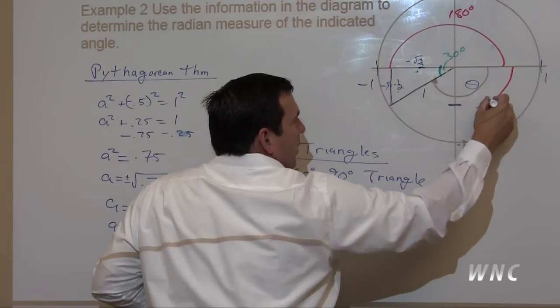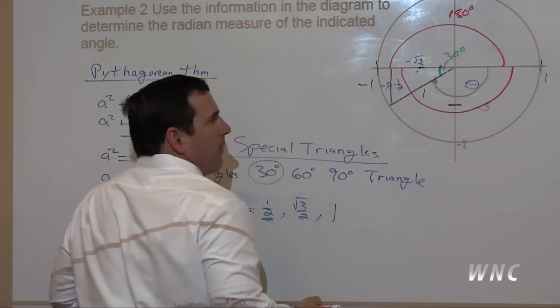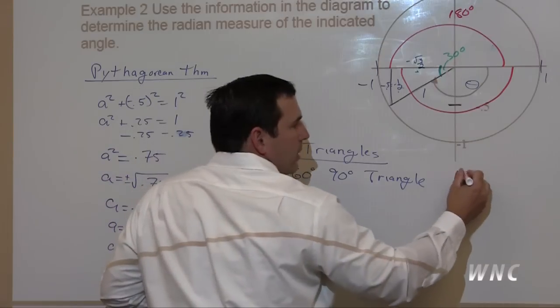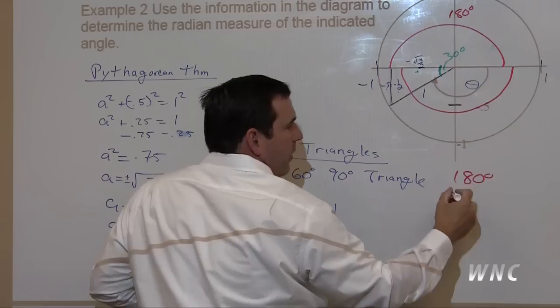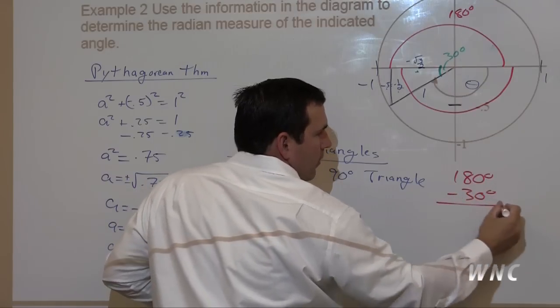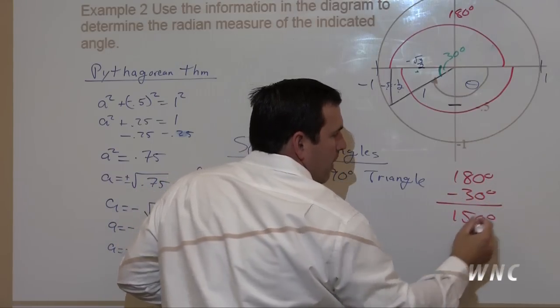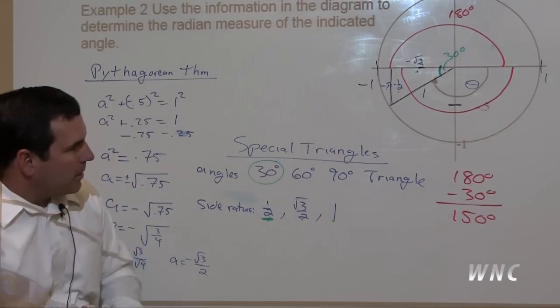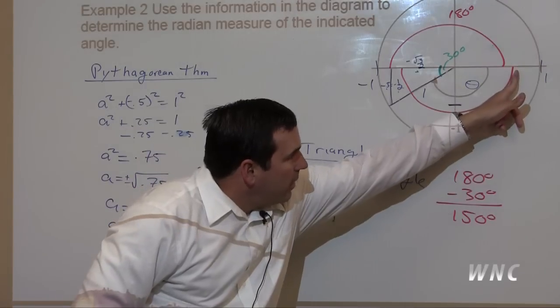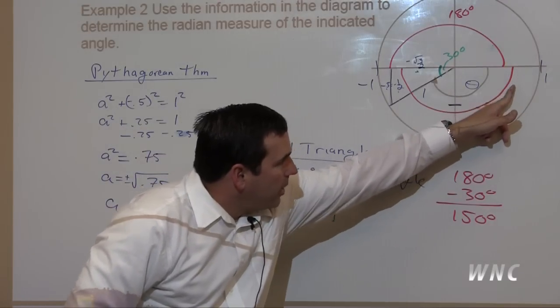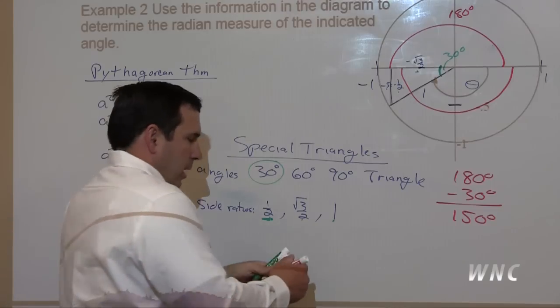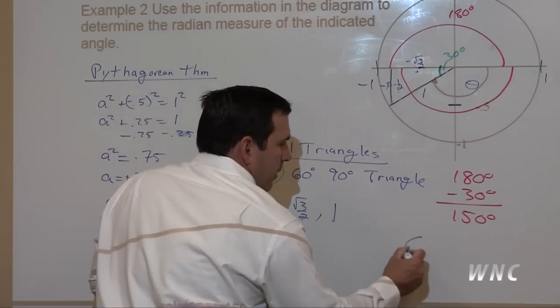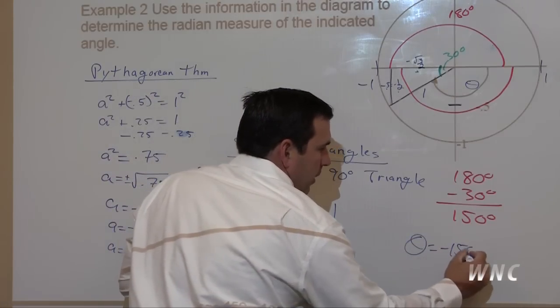Same thing if you went this direction, that's the other half, the other 180 degrees. So we've traveled 180 degrees, but we're 30 degrees short of that. So it's 150 degrees. But there's one last part to this. Because we traveled in a clockwise rotation, this is the negative direction. So we would have to say that theta equals negative 150 degrees.